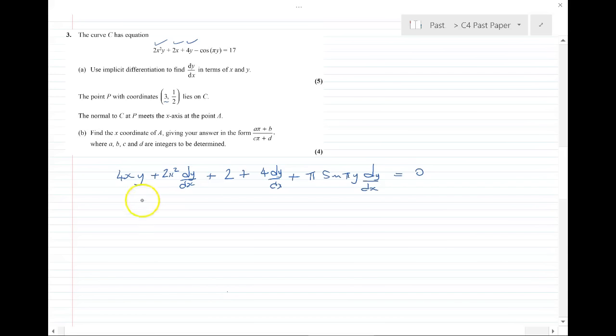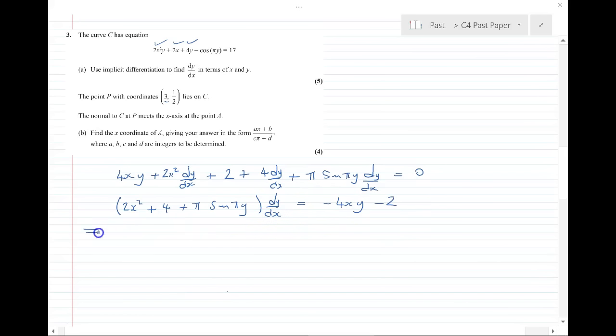So I can factorise the thing: 2x squared plus 4 plus pi sine pi y, all times dy by dx, equals, taking the other terms over to the other side, minus 4xy minus 2.